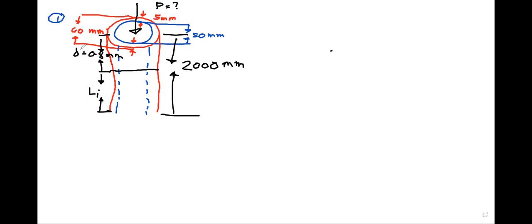So next, let's discuss, of course, that if we have an applied load, guys, we cannot have no internal resistance. Okay? The steel bar and our cast iron cannot have no resistance. So, of course, here is our new position. And of course, here is our P1.